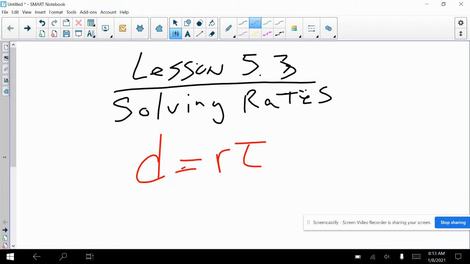D stands for distance. R stands for rate. T stands for time. If memory serves me right, this is like a combination of lesson 1.5, right? That's a formula, so when you read the problem, all you have to do is plug it in and solve.